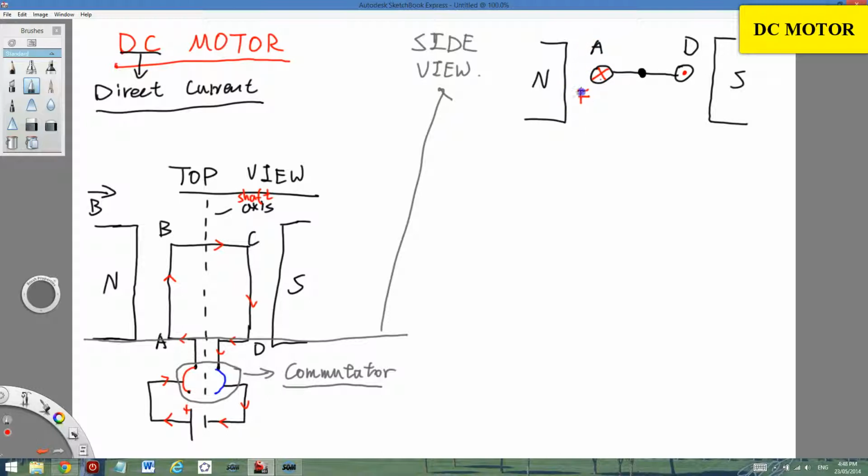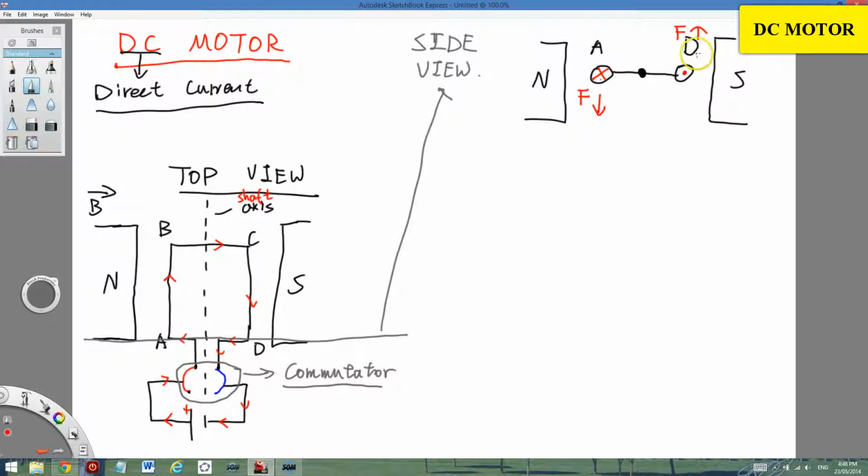The force is acting downwards at point A. At point D, the current comes out of the page. My thumb comes out of the page, my fingers are still pointing to the right, and my palm faces upwards. The force goes up.